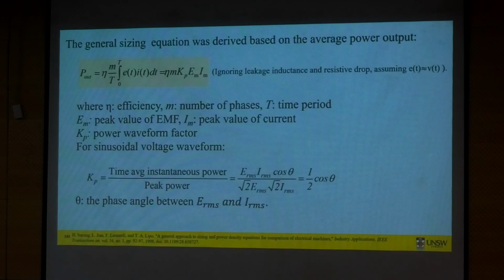Here you can see the paper which actually described this equation. The paper was by Professor T.A. Lipo in 1998. This equation was developed as a general machine design equation, so it can be used for any type of machine. That was their goal. If you want to learn more about it, you can read that paper.